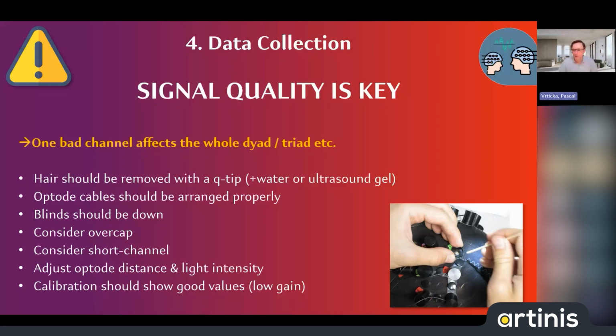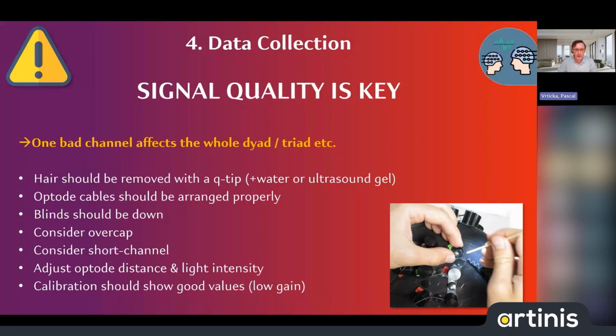You can also, if you go outside, buy an overcap or design an overcap that absorbs some of the natural light. These days, we also recommend to use short channels, and I will talk about this later today as well. The good thing is that with the newest devices, you can adjust optode distance and light intensity, so you can play with these parameters before you start data acquisition.